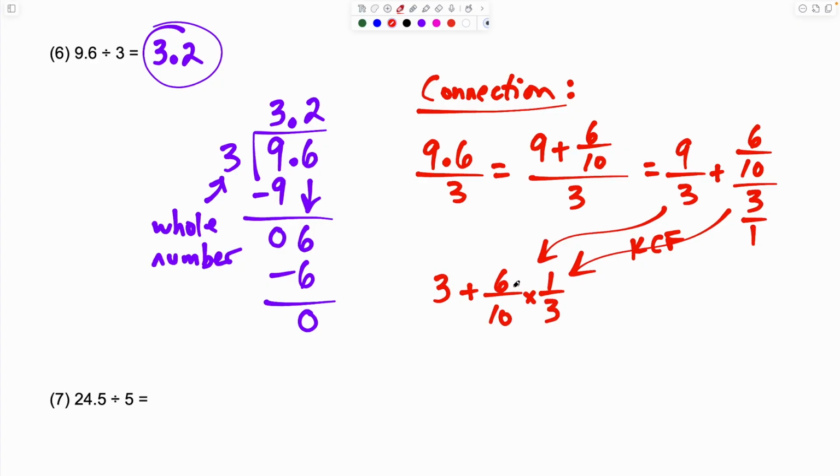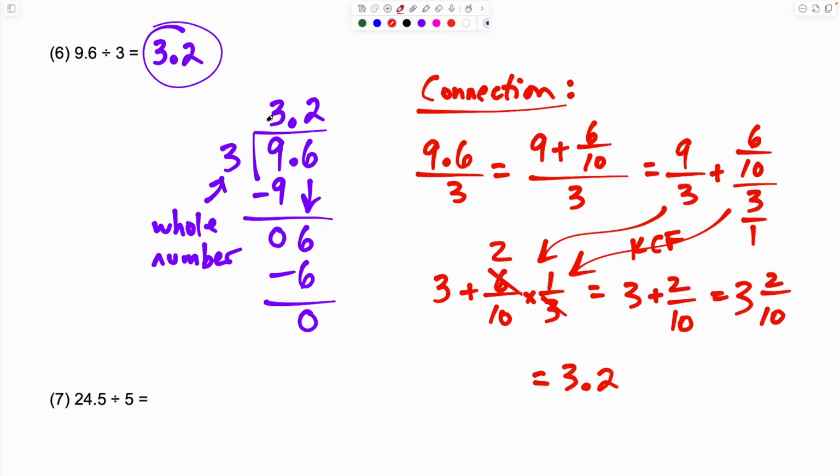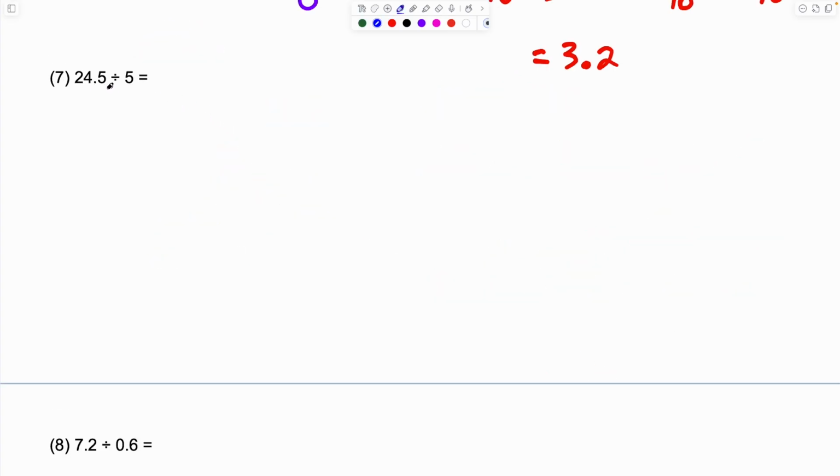And now if we cross cancel, I could do 6 divided by 3 is 2. So this gives me 3 plus 2/10, which is the same thing as 3 and 2/10. And 3 and 2/10 as a decimal is 3.2. Same answer.